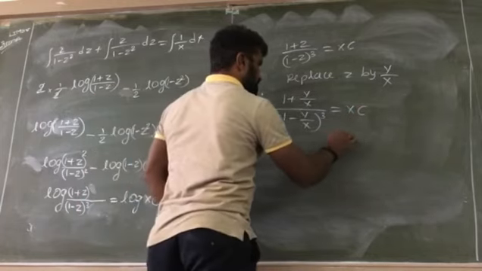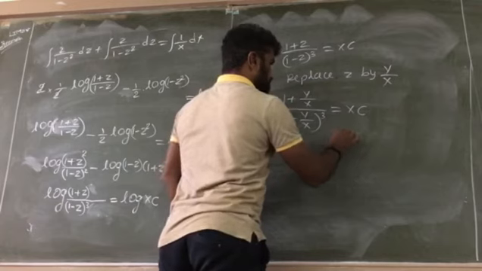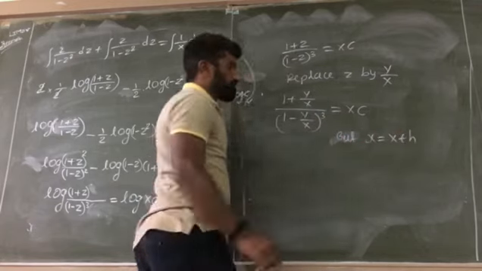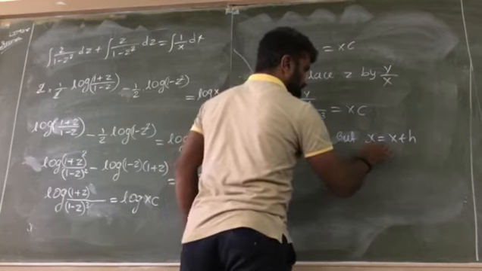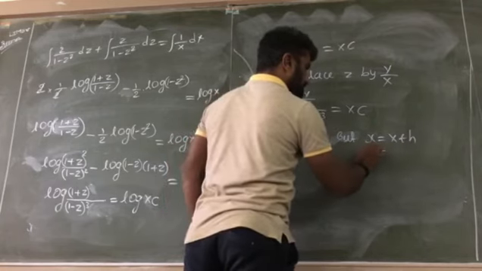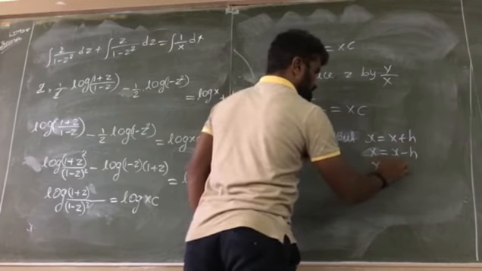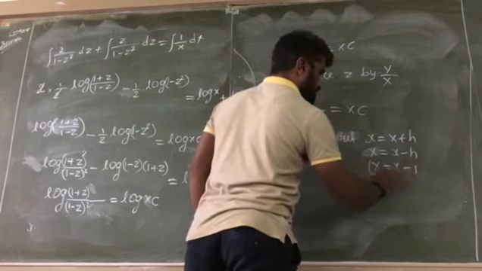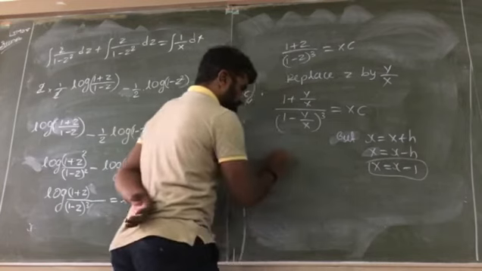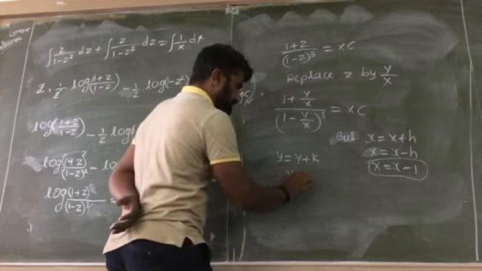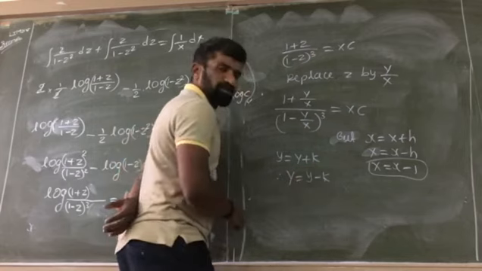If we put small x equal to capital X plus h, then capital X is equal to x minus h, where h value is 1, and y is equal to capital Y plus k, therefore capital Y is equal to y minus k. What is k value?